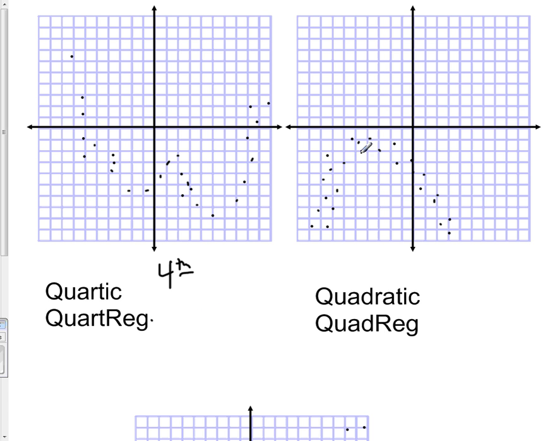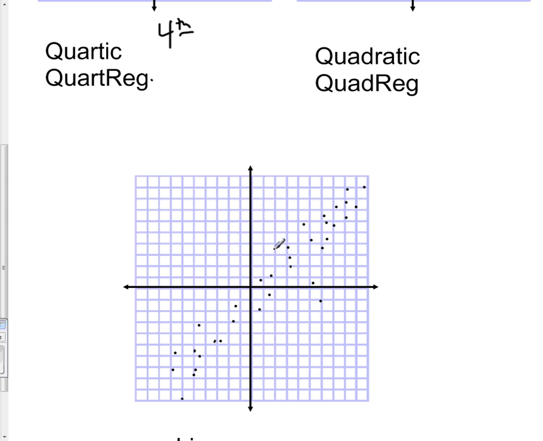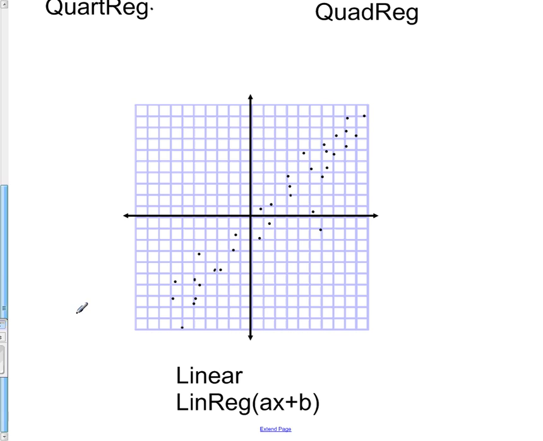This one looks like a parabola. It just turns one time, so that'd be quadratic. And then lastly, this is like a nice line, and we've done some of these before. This would be linear regression. All right, so that is how to model a polynomial function on your calculator.